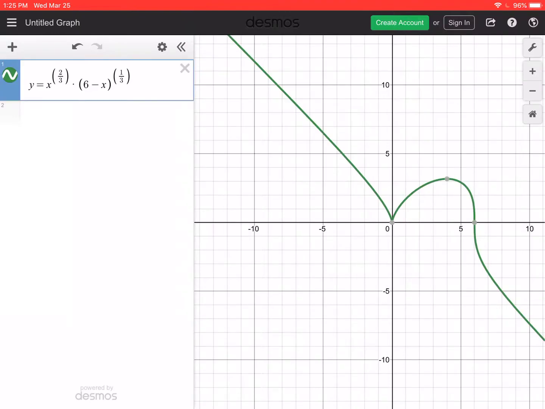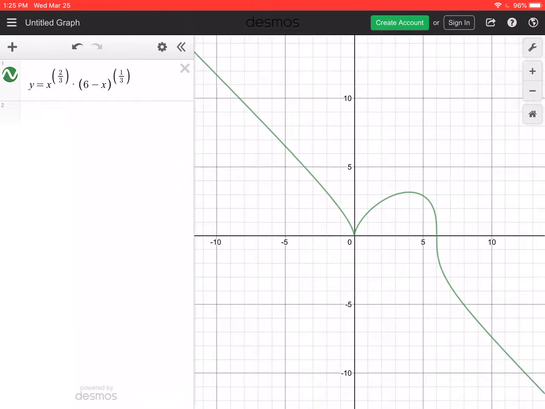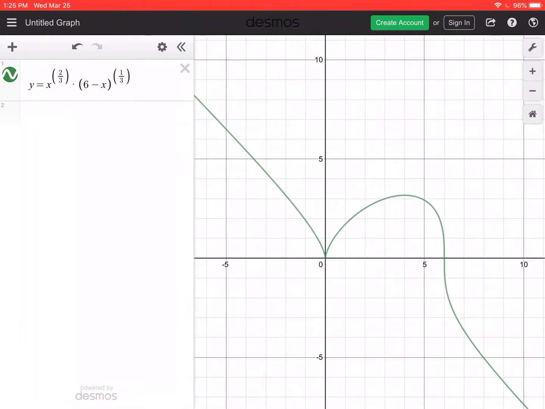And this is our function. So look at these points of interest here. We have a graph that is concave down and decreasing, leading into 0. At 0, we get the point (0, 0).